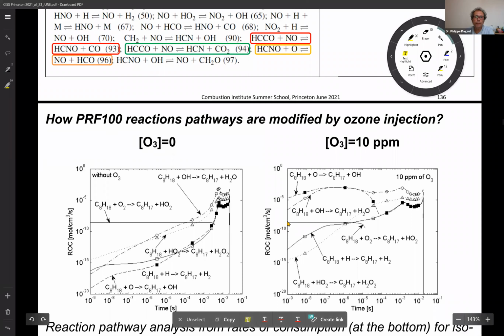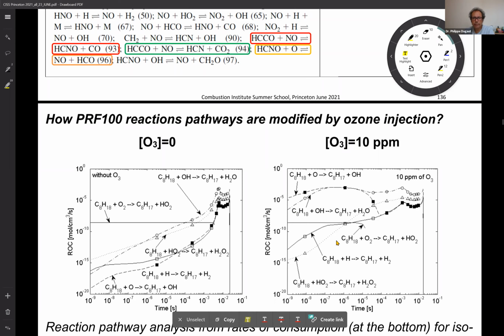And consequently, there is also a reaction of the fuel with OH, which was also in the range of 10 to the minus 17, maybe. So strong jump of these two reactions.